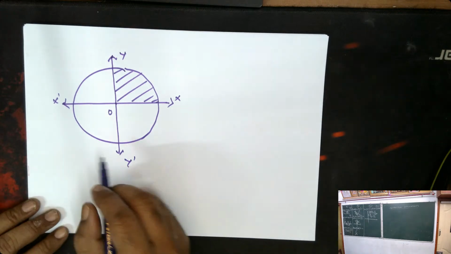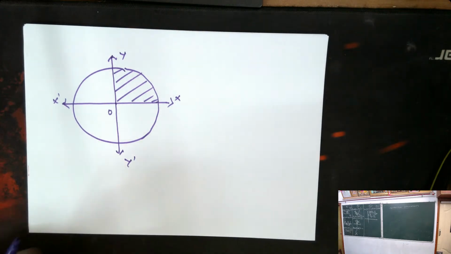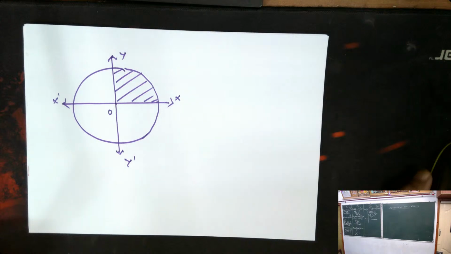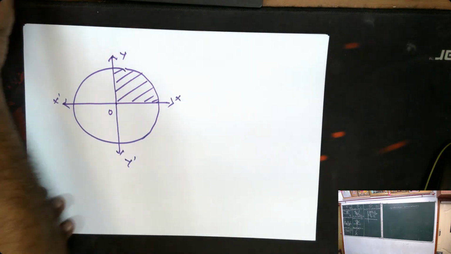Therefore, the area of the circle is given by, in fact, we have to consider this curve.